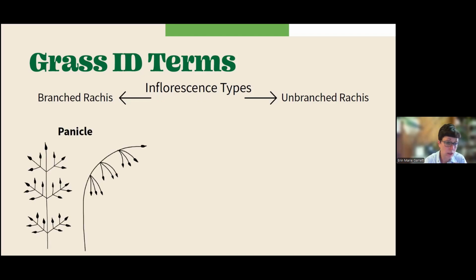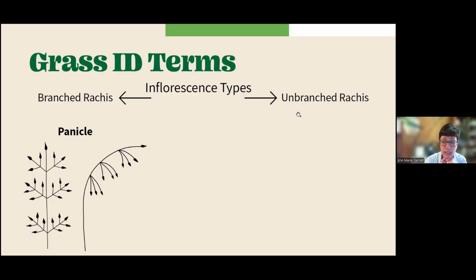A panicle can look different, have different variations. The left line drawing is kind of the more standard panicle. If you think of like a Kentucky bluegrass, a lot of us know what that looks like in bloom. That's got a very typical panicle shape. But this one over here, you can see all those branches are kind of held to the side. It's another form of a panicle. But the key is there's branches on it.